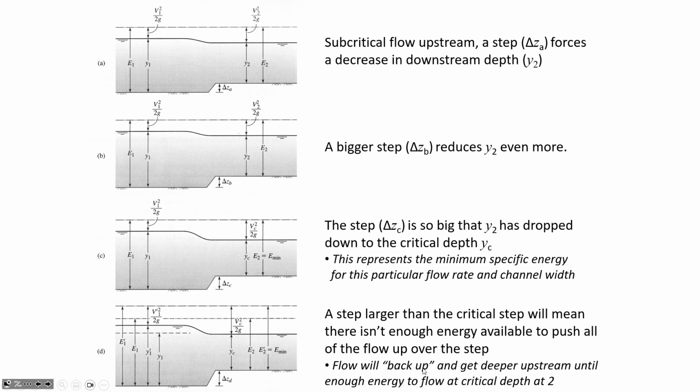The flow in does not equal the flow out through a control volume for this period where the water is pooling upstream. So we'll do a deep dive on how you calculate the new depth. If your delta Z is larger than the critical step height, how do you determine what will be the new depth upstream? We will do that.